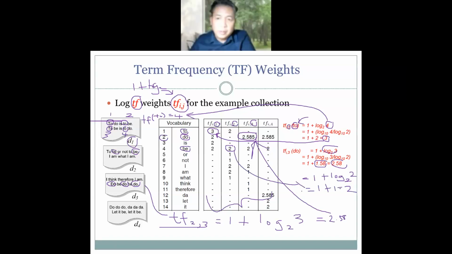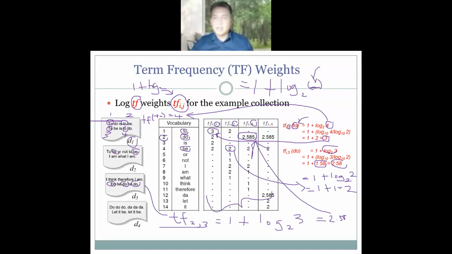So that's why we have 2 here. So basically the formula is 1 plus log 2 of the number of occurrences of that particular word in that particular document.